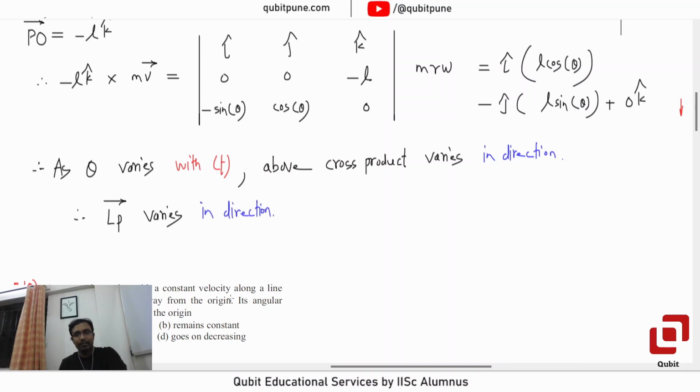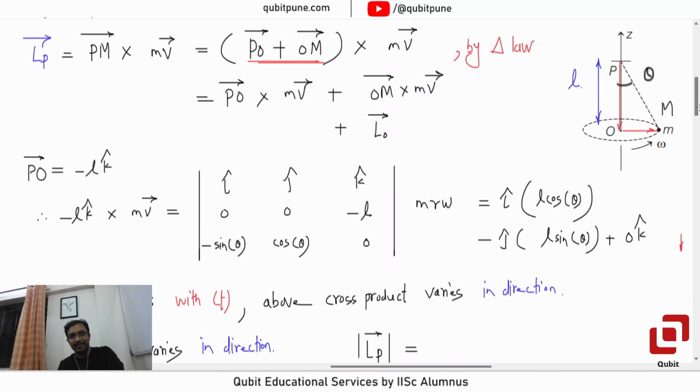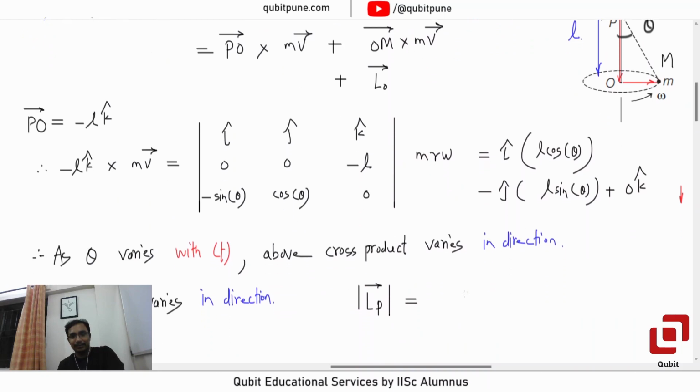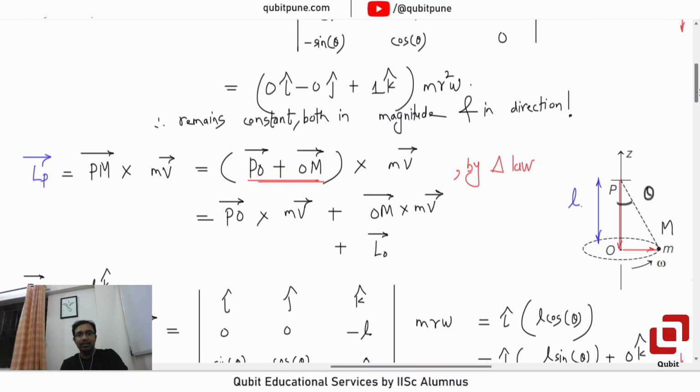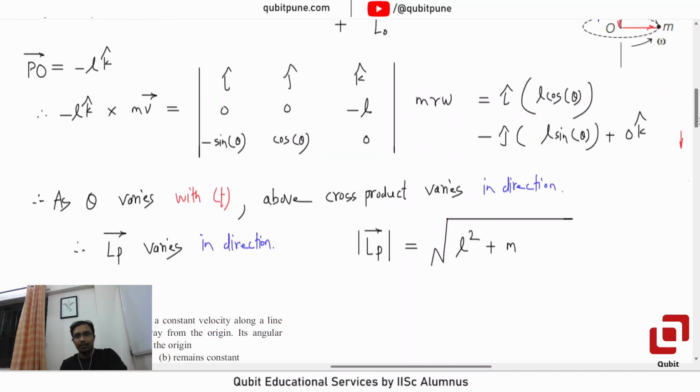Can you tell me what will be the magnitude of L_P bar? I'm sure it's constant. Look, it will be l squared cos squared theta plus l squared sin squared theta for these two, and the k component is m R squared omega. Sorry, I have not written m R omega there, that's my bad.